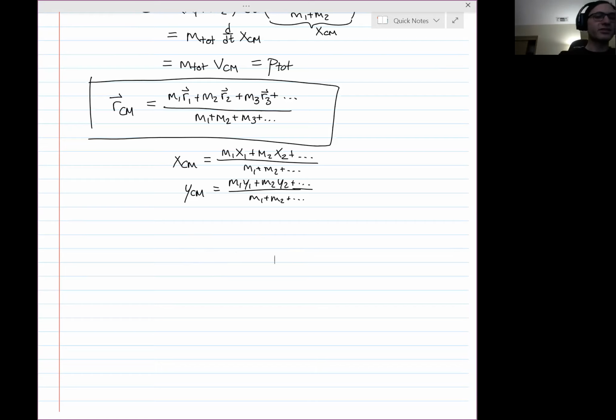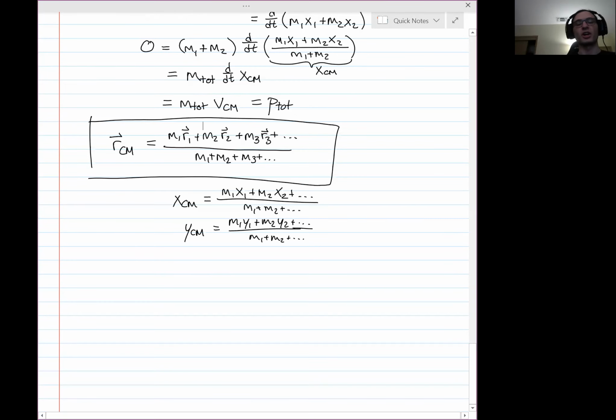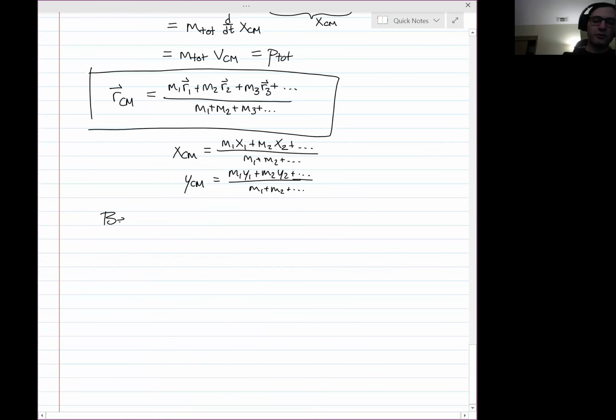So the center of mass isn't just a position, though. We've also mentioned a center of mass velocity, and in fact, you can go as far as to talk about a center of mass acceleration. So in the spring box system above, we saw before that the velocity of the center of mass was 0 initially, and it must be 0 afterwards as well, by momentum conservation.